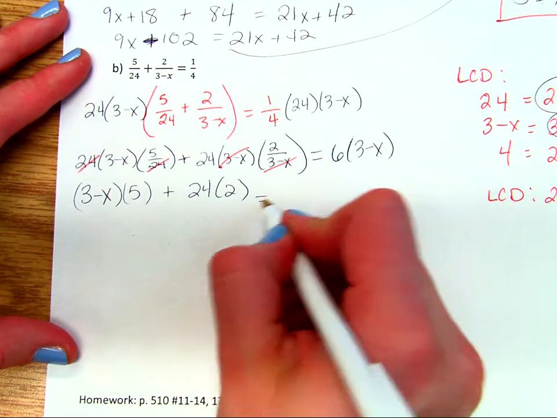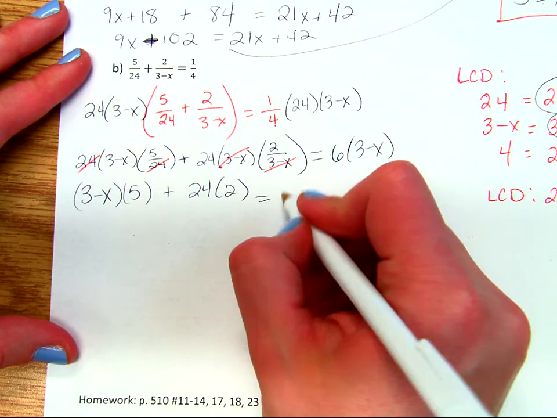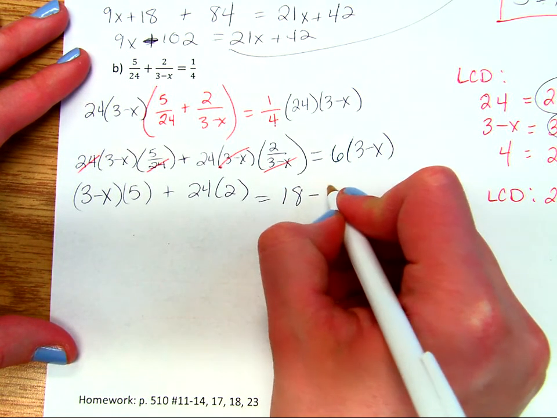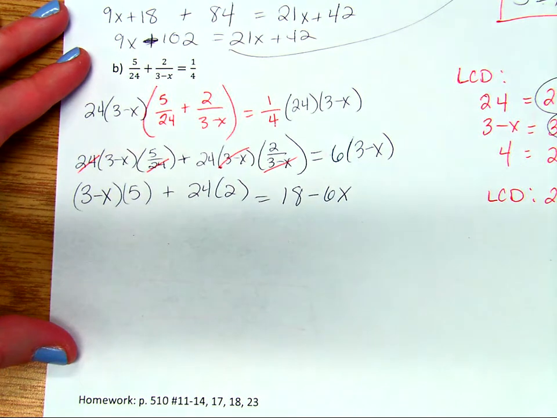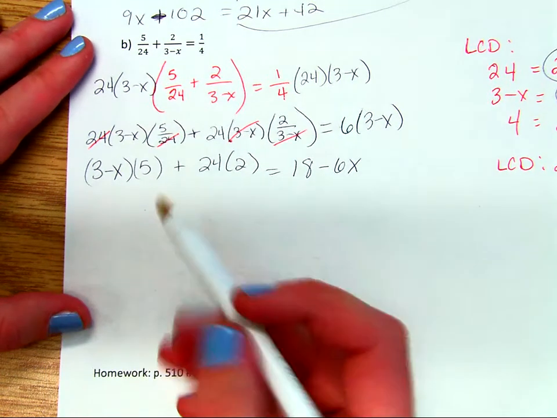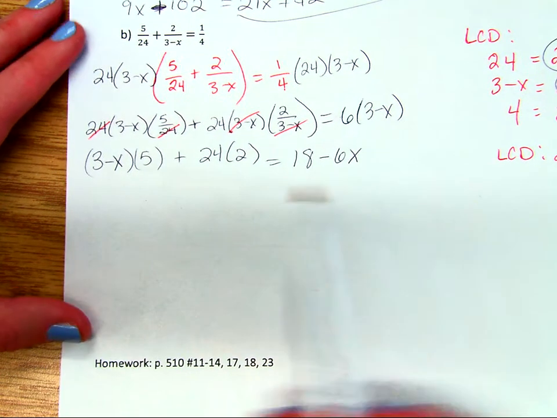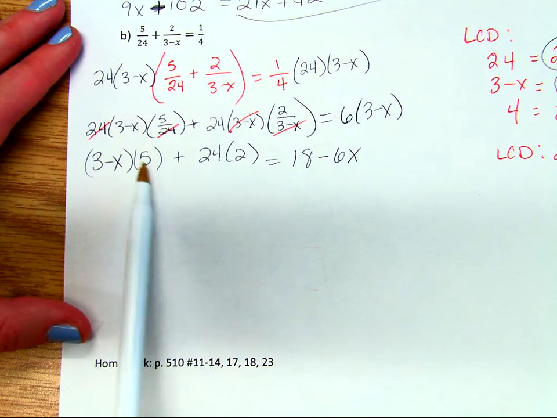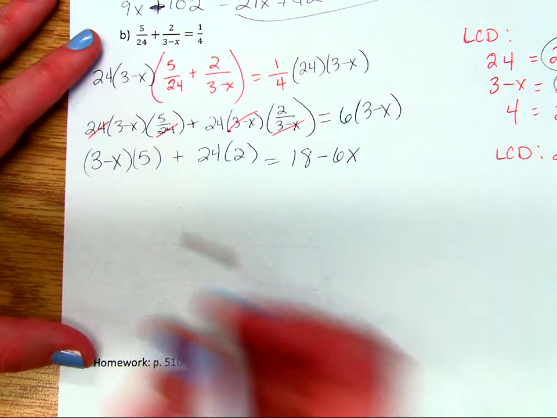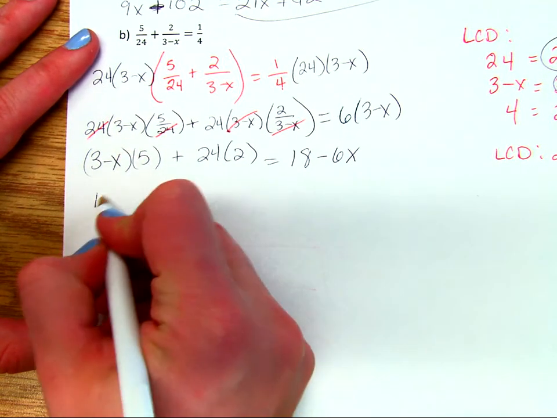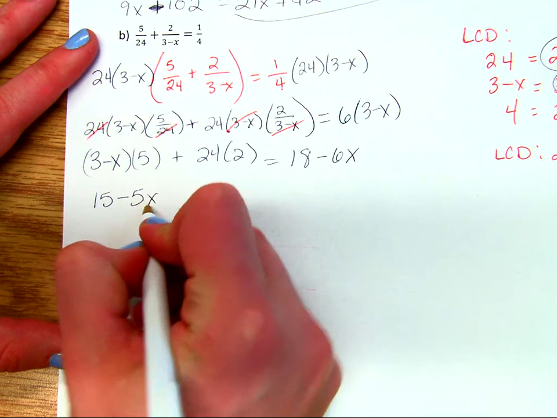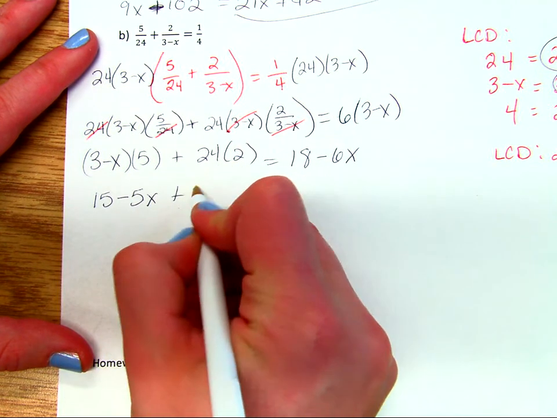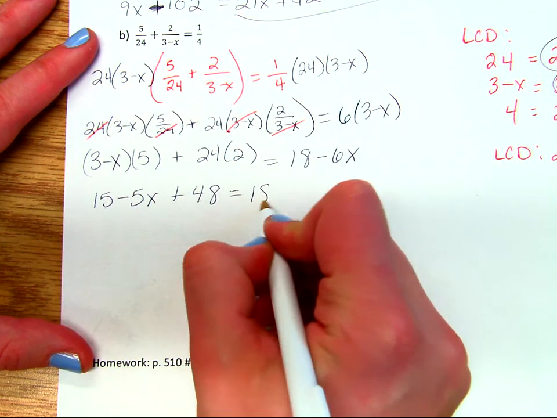And then I can distribute over on the right side. I get 18 minus 6x. Now let's distribute here. From here it's pretty easy. It's just basic algebra. Distributing, combining like terms, all that. So distribute your 5. You get 15 minus 5x plus 48 equals 18 minus 6x.